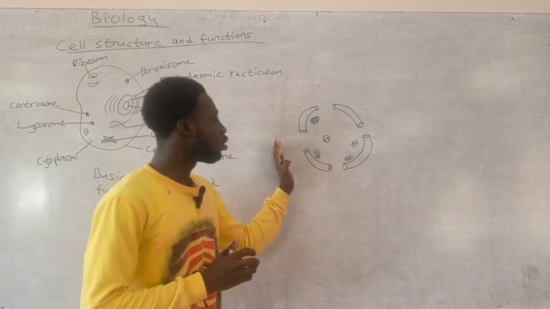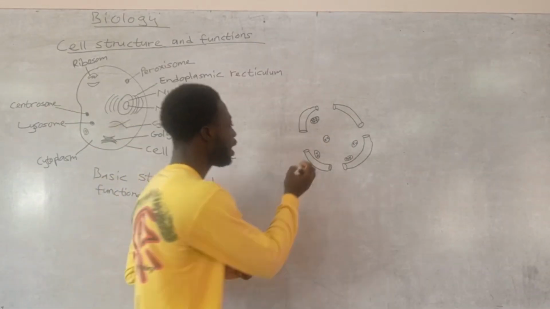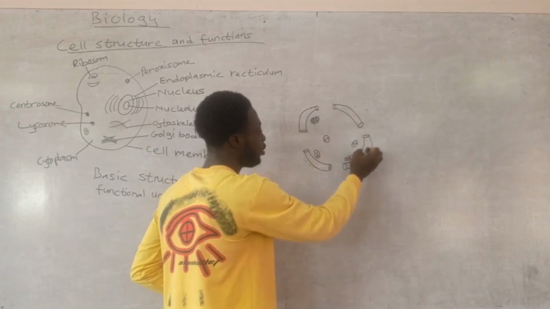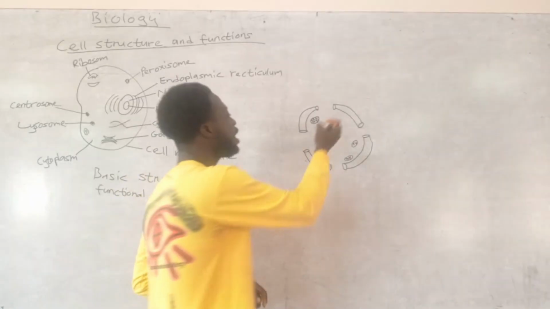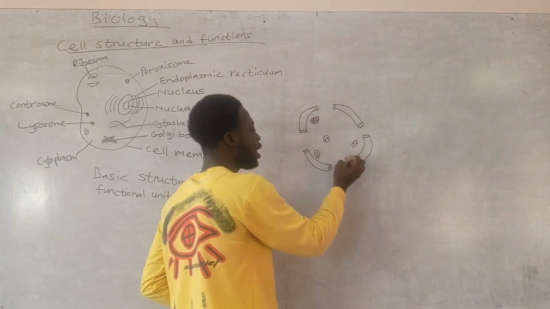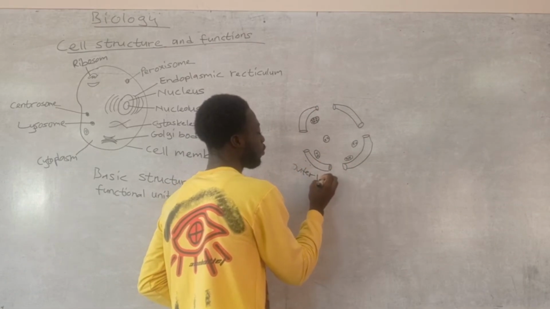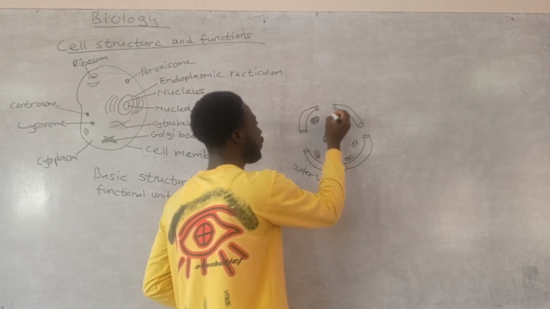Now, when you look at the nucleus, we have the outer layer. This is the outer layer. And we also have the inner layer. Inside here is the inner layer.